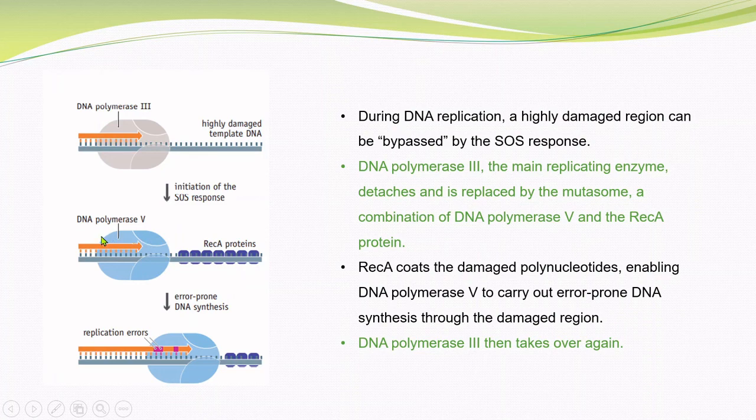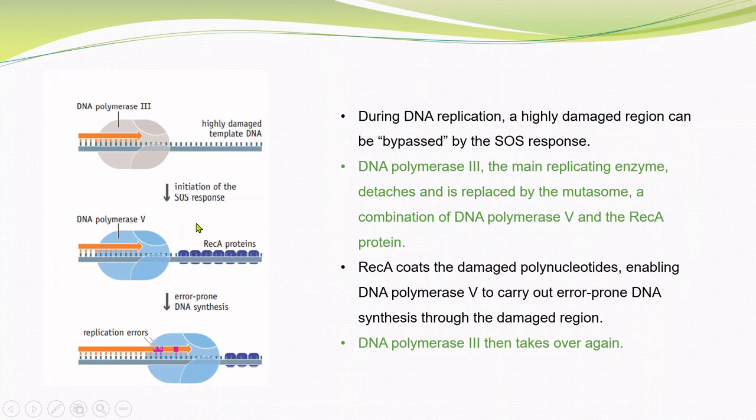Mutosome is a combination of DNA polymerase 5 and RecA protein. So this complex is a mutosome. DNA polymerase 5 has the capacity to replicate the damaged part, and the RecA protein helps DNA polymerase 5 to replicate this part.